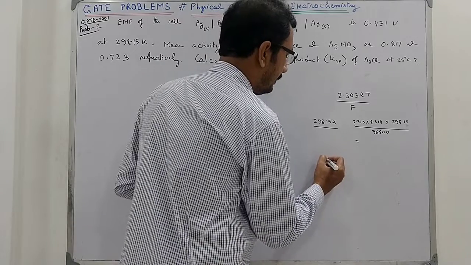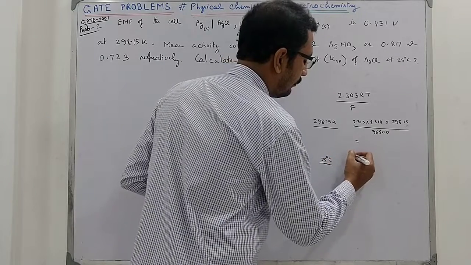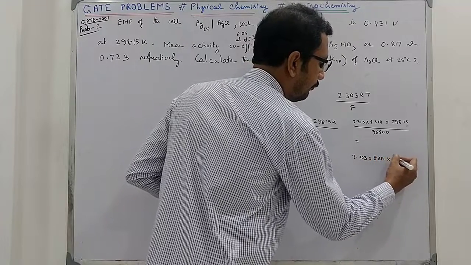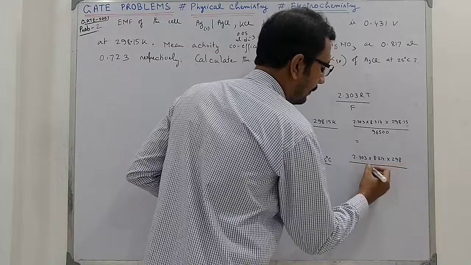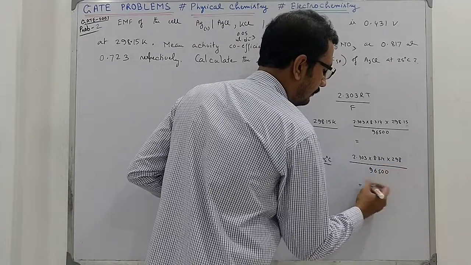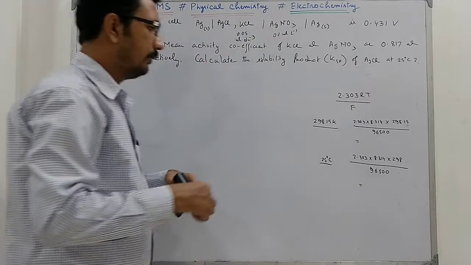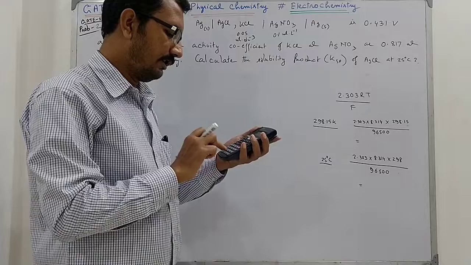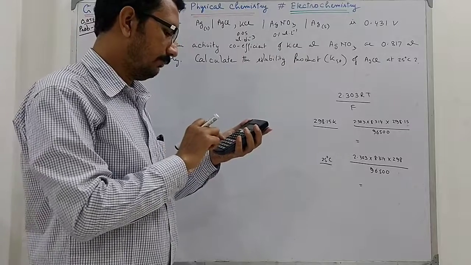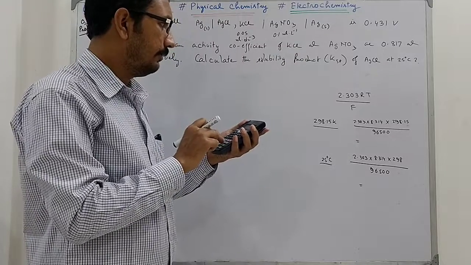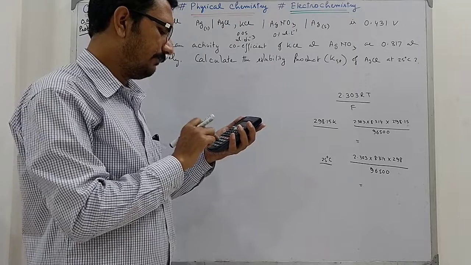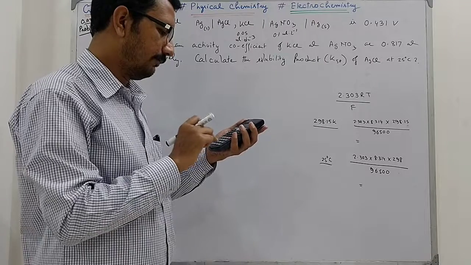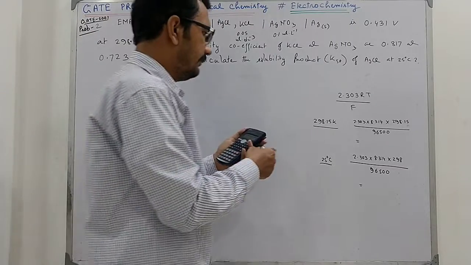And for 25 degrees centigrade it will be 2.303 into 8.314 into 298, divided by 96500. So let us first calculate these two values. It is 0.05915.